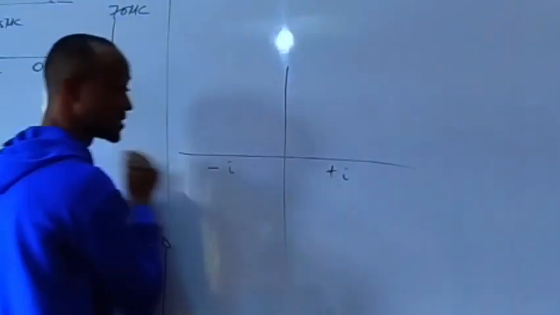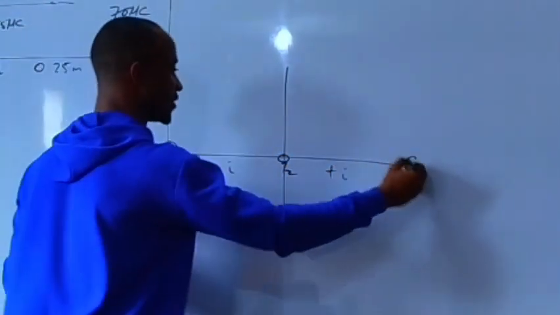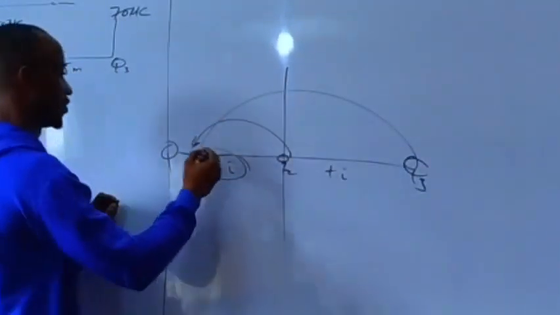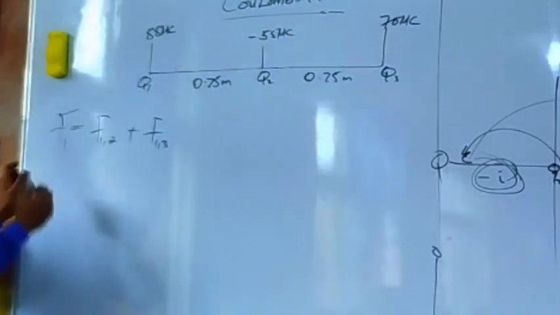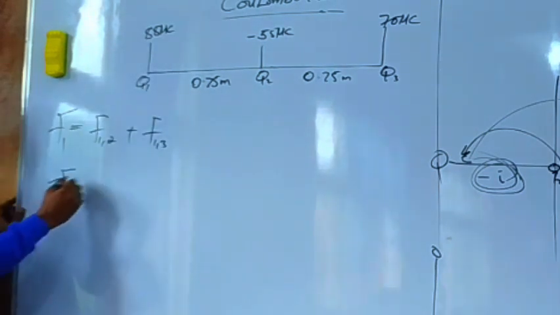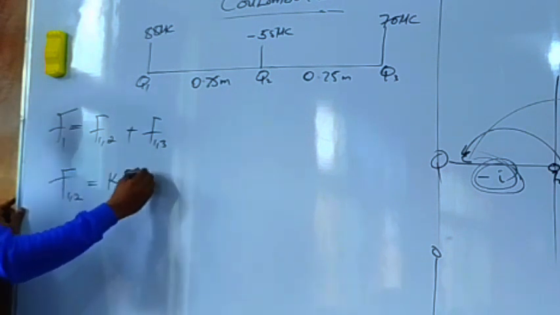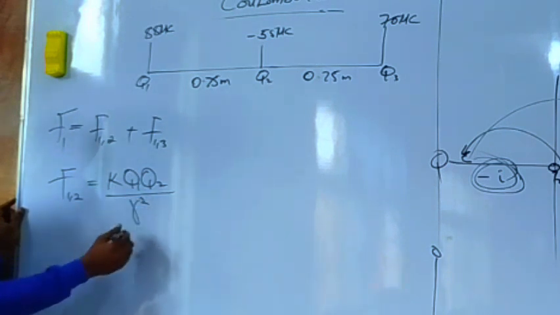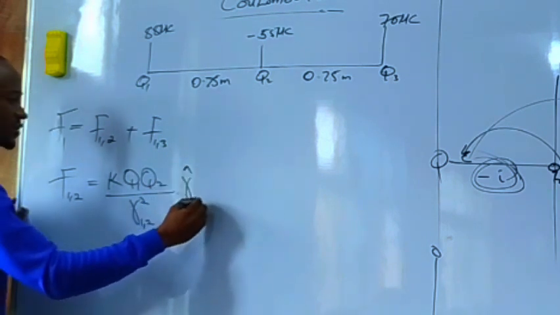So if I have the 3 charges lying horizontally, and charge 1 is here, I have charge 2 here, I have charge 3, all of them are acting towards negative i. So the first thing to do is to find F12. Our F12 is kQ1Q2 over r squared 12 times the unit vector of 12.